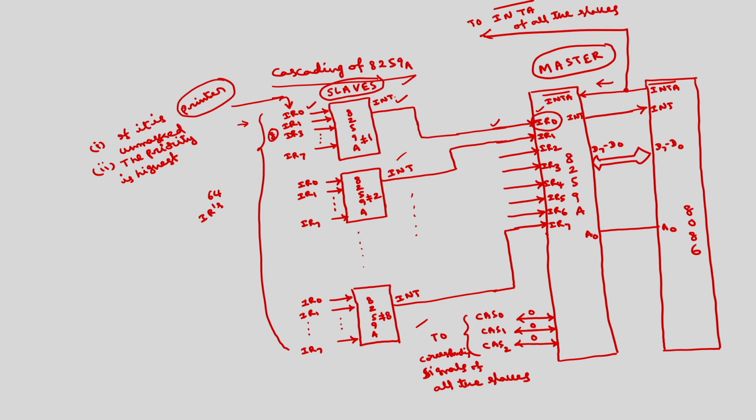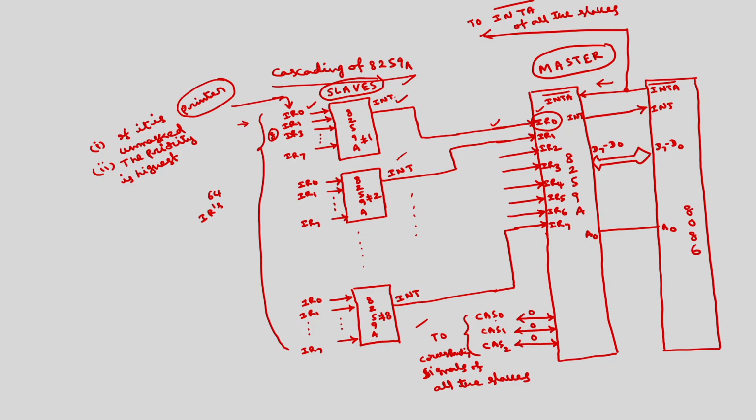The first INTA bar cycle will be just neglected by the slave which initiated the interrupt request, whereas after receiving the ID of that particular slave on CAS 0 to CAS 2, the corresponding slave will respond to the second and third pulses of the INTA bar cycle.